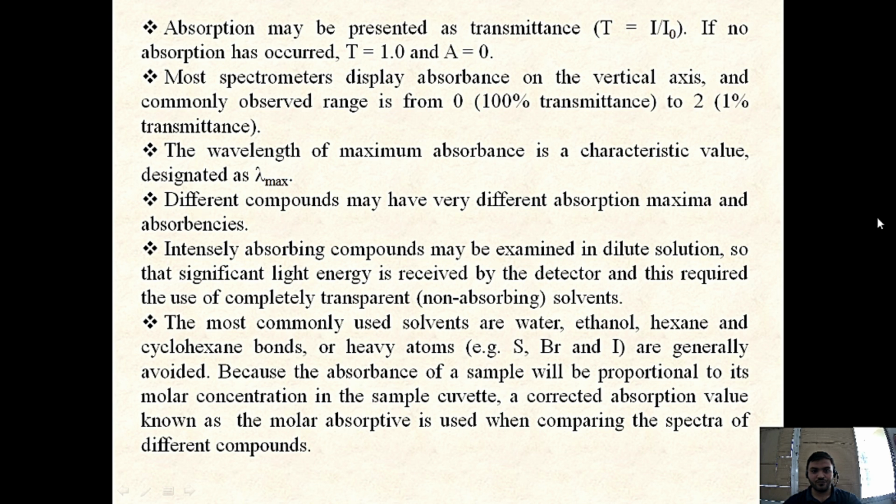Heavy water and solvents containing S, Br, I are generally avoided. Because the absorption of a sample will be proportional to its molar concentration in the sample cuvette, a corrected absorption value known as molar absorptivity is used when comparing the spectra of different compounds.